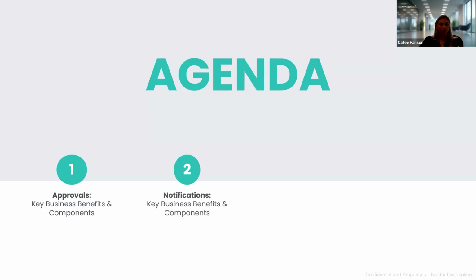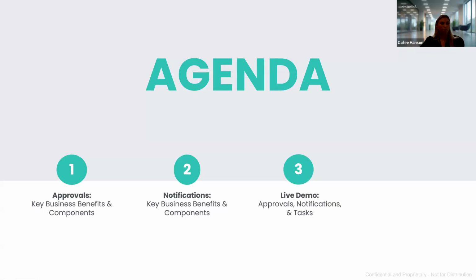Then we'll do the same thing for the business events in Acumatica, or the notifications. So they tie hand in hand. We'll walk through how they correlate with one another, again walk through some of the benefits, why we start using them, maybe some real world examples as well, and then the component breakdown. So how we would start to build out new business events and notifications in the system as well.